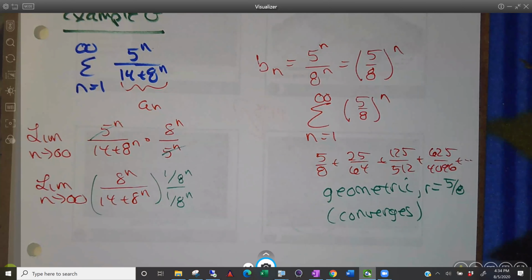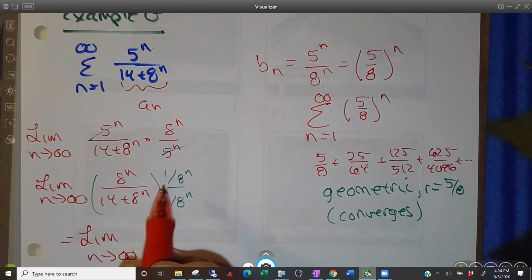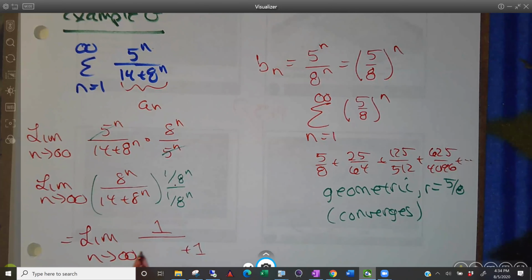What does that do for me? That gives me the limit as n approaches infinity. If I distribute this here, I get 1. And here in the denominator, I also get a 1. And here I get 14 over 8 to the n.